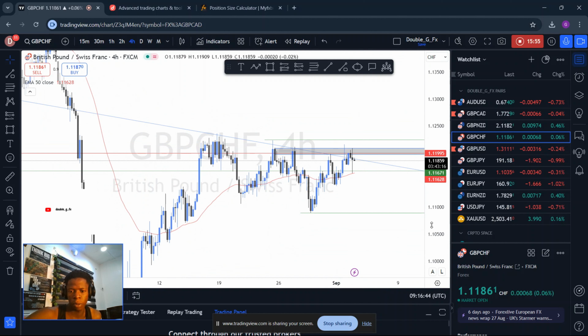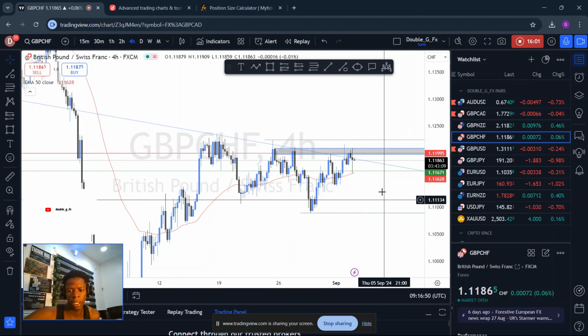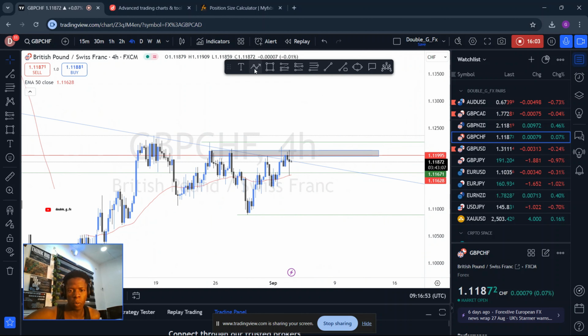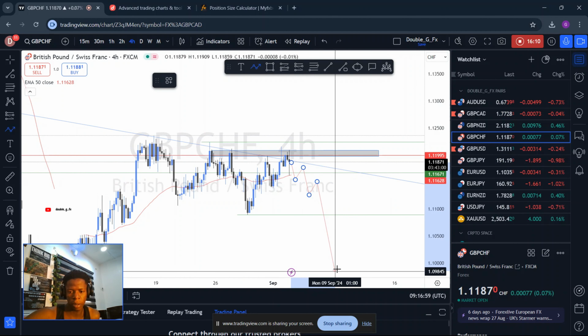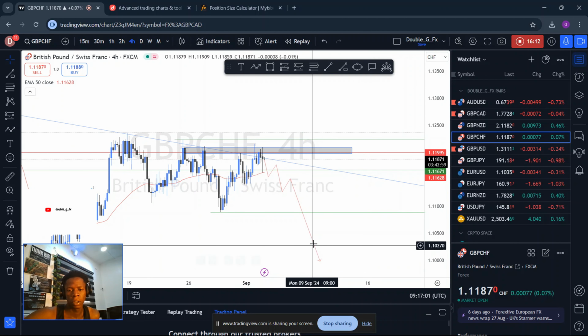So let's see what happens on this pair. Most likely you're going to have a push to the downside. That's my opinion on this pair. We're going to have something like this, like this, and boom, it goes down. So this is what I expect on GBPCHF, but I've not really had my entry confirmation to actually enter the trade.